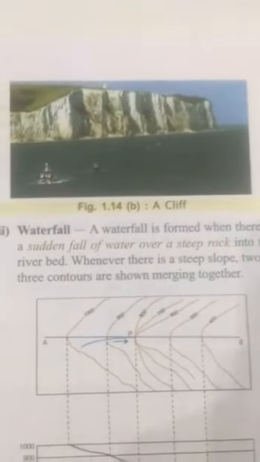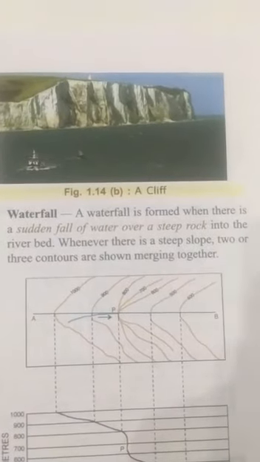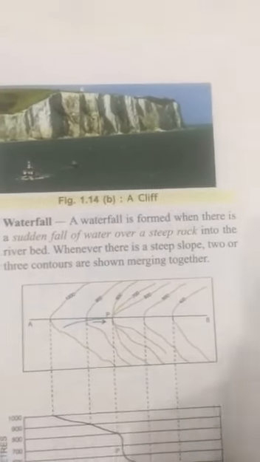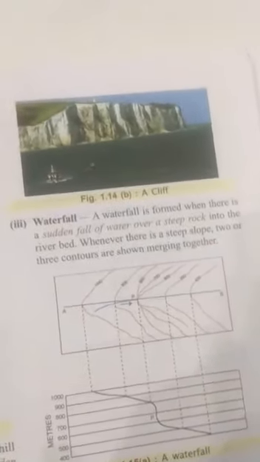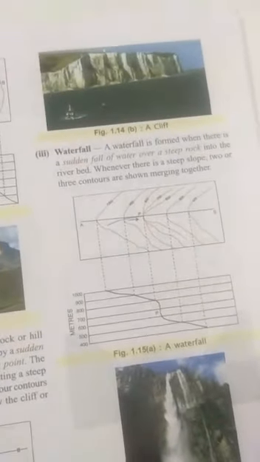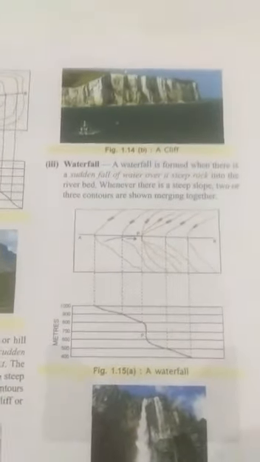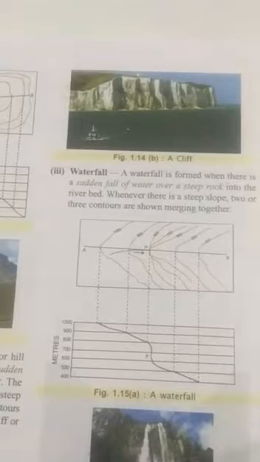Next is waterfall. A waterfall is formed when there is a sudden fall of water over a steep rock into the riverbed. Students, you ought to know that rivers in their course make several shapes of valleys like V-shaped valley and U-shaped valley.